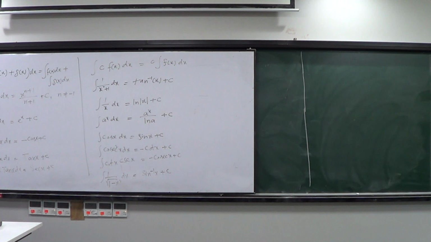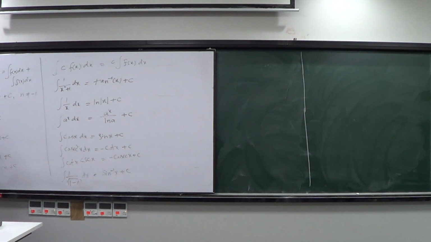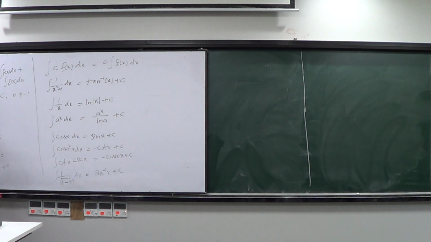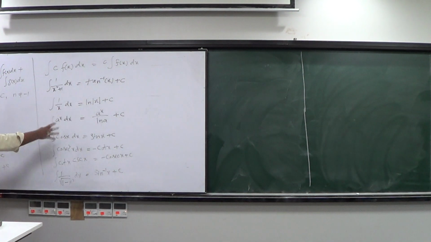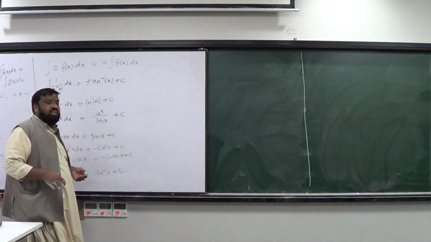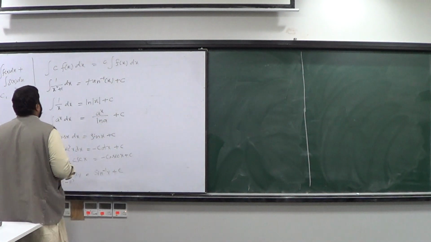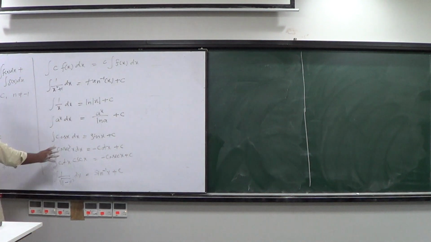The answer is that you always have to try to convert them into one of such forms. So if there is an integral which is not in any of such forms, then we will try to convert it in terms of one of such forms, and then apply one of the techniques.